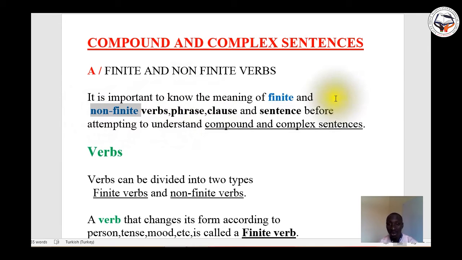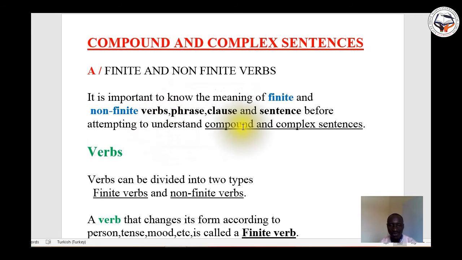What is the meaning of finite, and what is the meaning of non-finite verbs? We have to put them together: finite verbs and non-finite verbs, or non-finite phrase, clause or sentence.